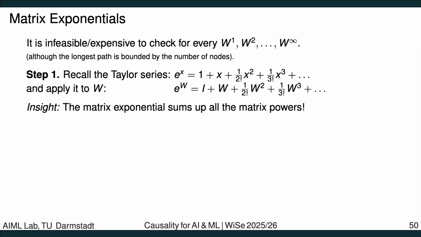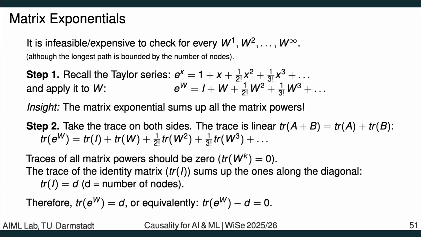So what we could expect is that if for all of these matrices the trace is zero, like the diagonals are zero, also for the sum matrix the diagonal will be zero. There's one small catch. Basically, we apply the trace again, just applying it to the exponential directly. We can pull it in there.